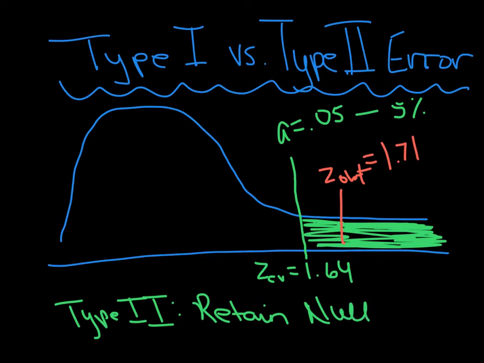So let's say I am using alpha equals 0.01, which is 1%. So we're saying it's only a 1% risk that we're taking that the test will be significant due to a fluke.